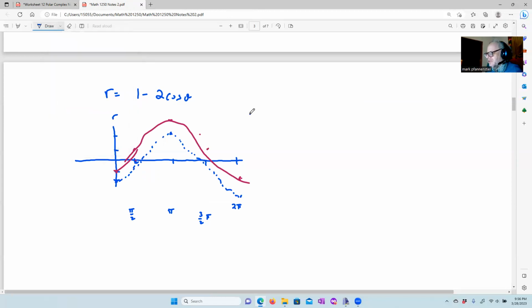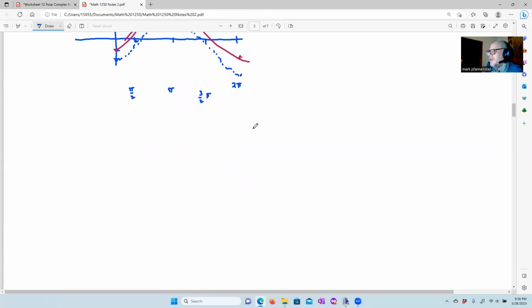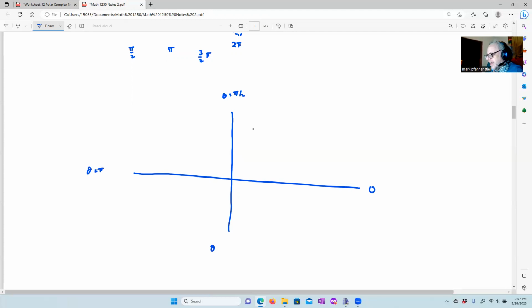The next thing we have to do is graph this on polar. So if I think about a polar coordinate graph, this is my angle, theta equals 0. This is theta equals pi over 2. I'm just rotating it around. This will be theta equals pi, and this should be theta equals 3 pi over 2.